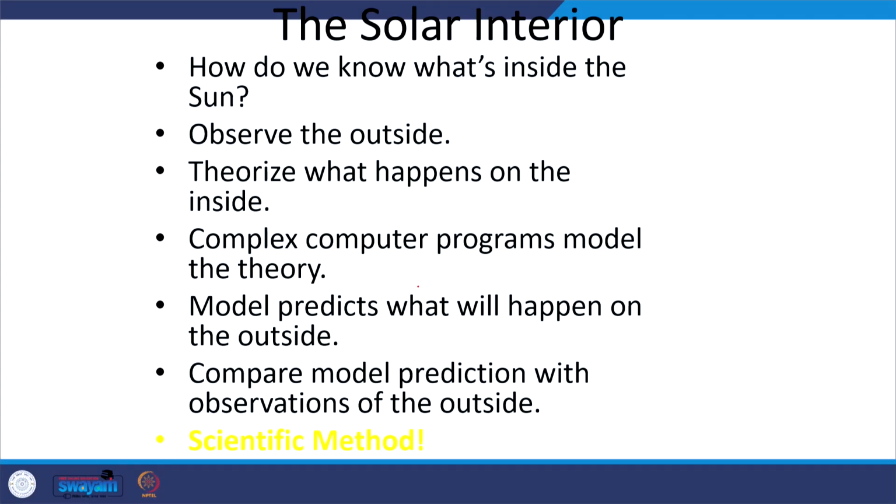So, solar interior, we have to understand. I have said so many things about the solar interior. So, how do we know what is inside the sun, and how did people come up with these numbers? Okay, so you have to think about these things, then you will understand.